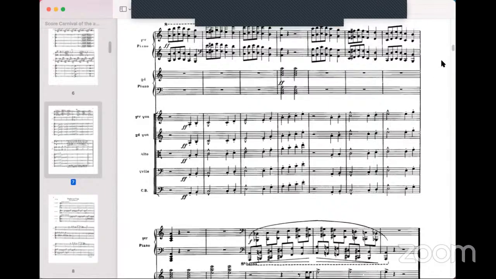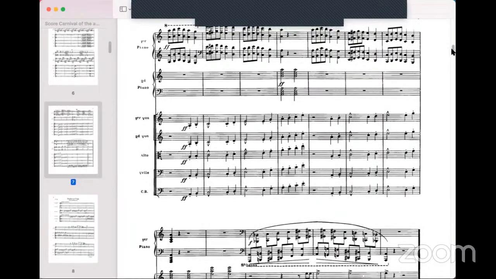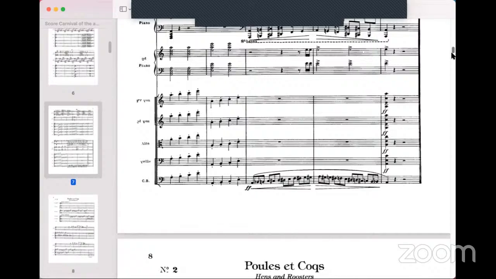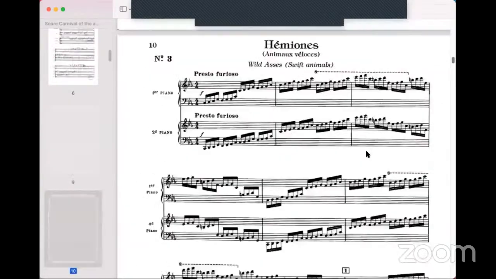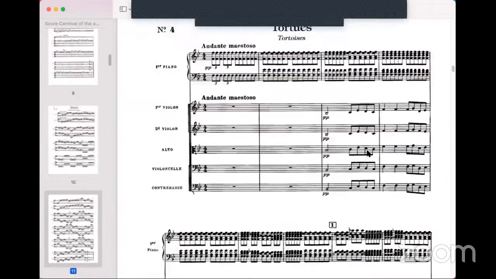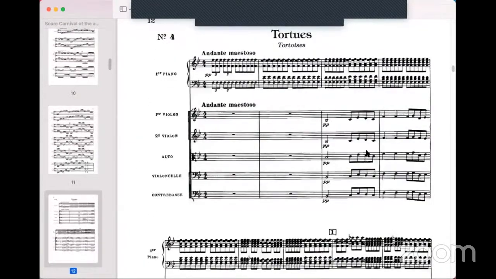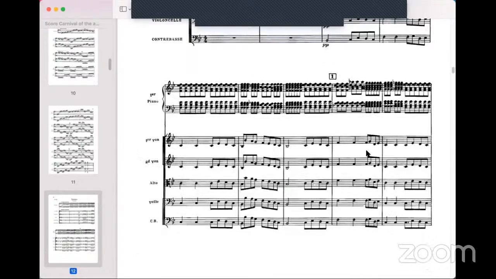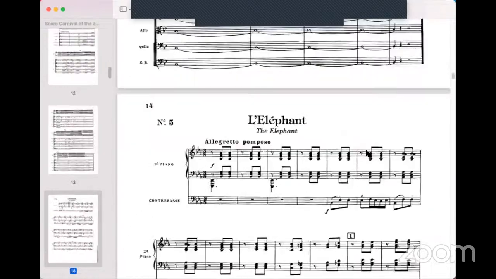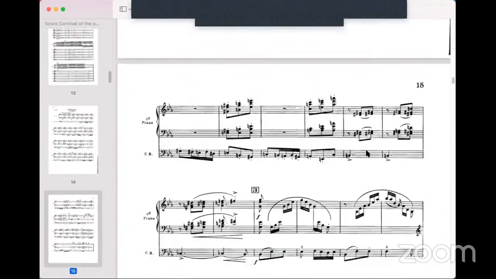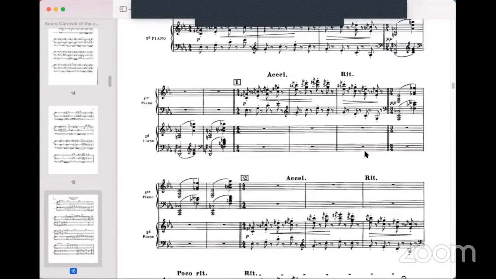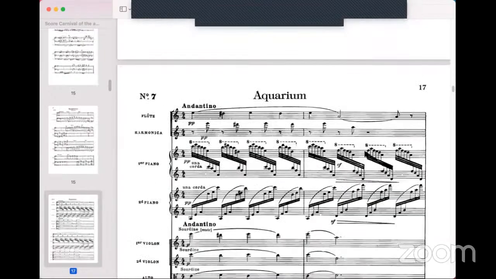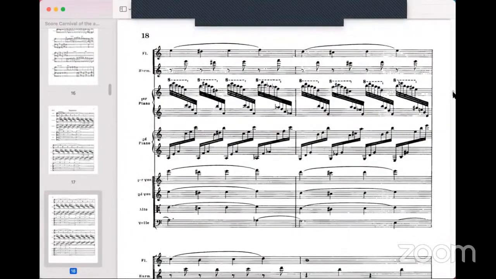Now, one of the questions is how many different pitch notes does the clarinet play? Let's find out here. Let me go fast and show.